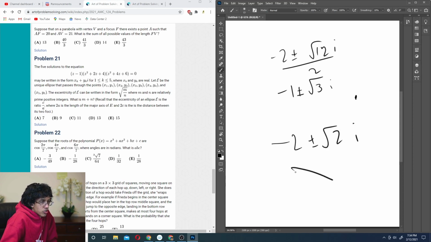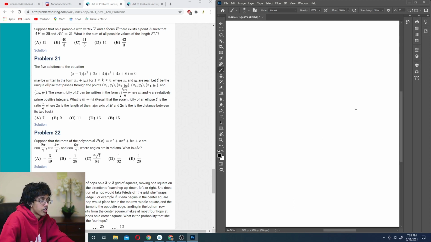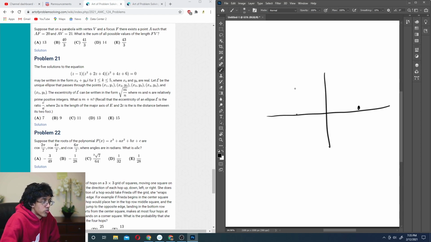Okay, so essentially you have a, c, and b. So how do you, let's see. Okay, so you have something at 1, then you have negative 2, wait. Oh, sorry, you have negative 1 plus or minus root 3, right? Which is slightly greater than 1. And then you have negative 2 plus or minus root 2, which is also slightly greater than 1.